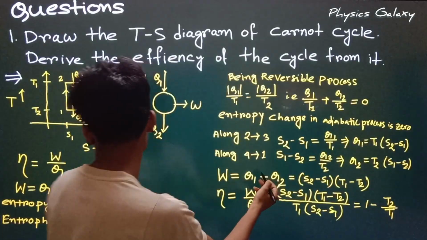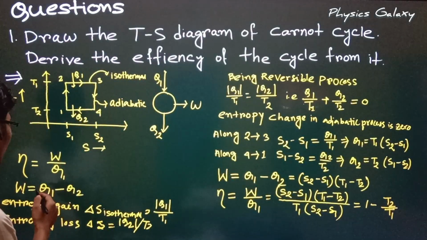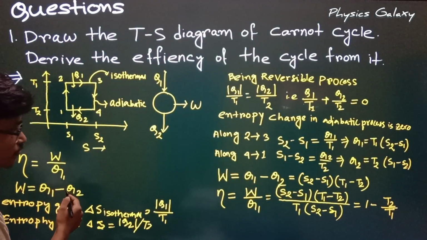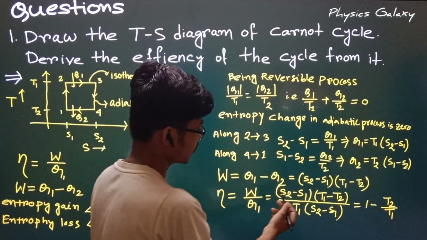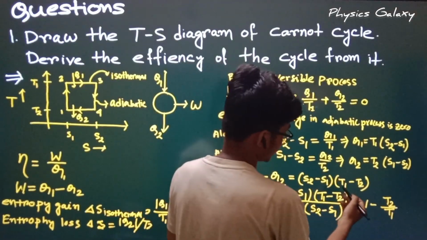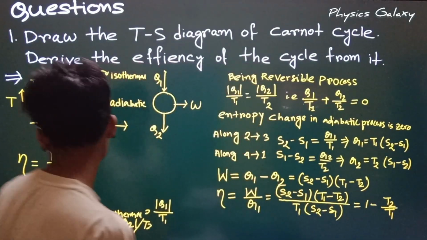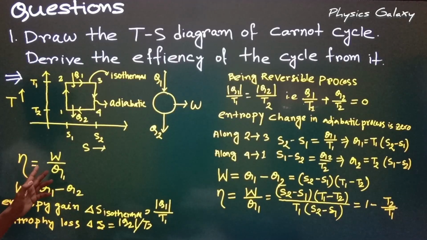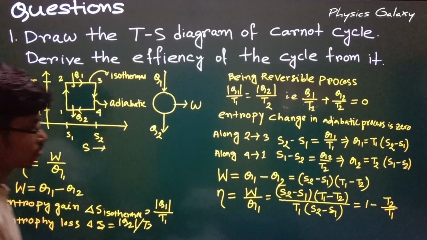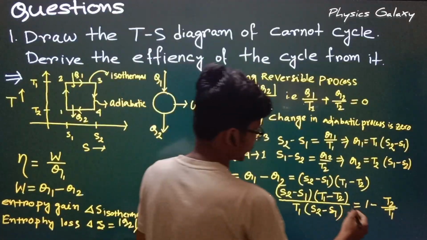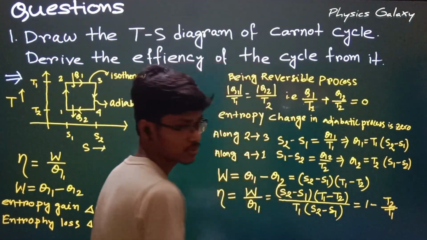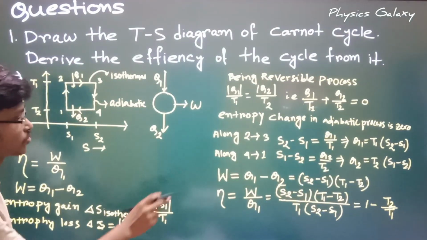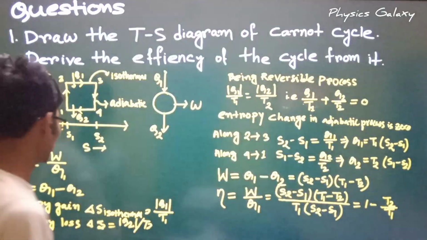Substituting these values in W equals Q1 minus Q2, we get W equals S2 minus S1 into T1 minus T2. Then putting these values in eta equals W by Q1, we get the result 1 minus T2 by T1, where T2 is the temperature of the sink and T1 is the temperature of the source.